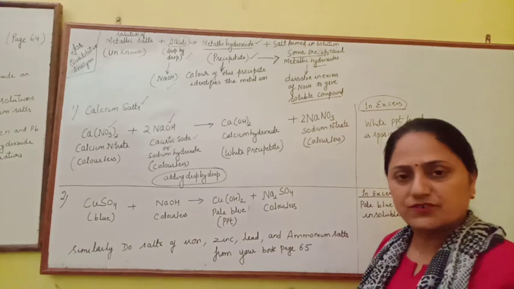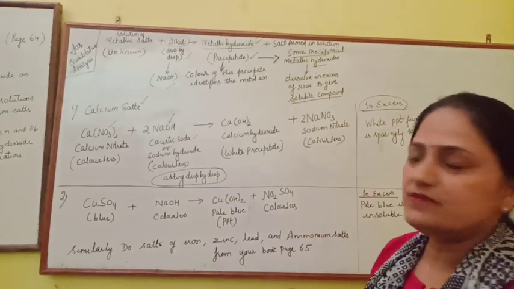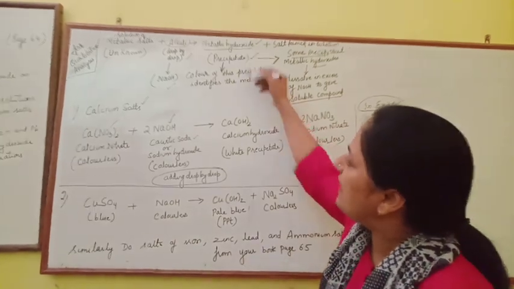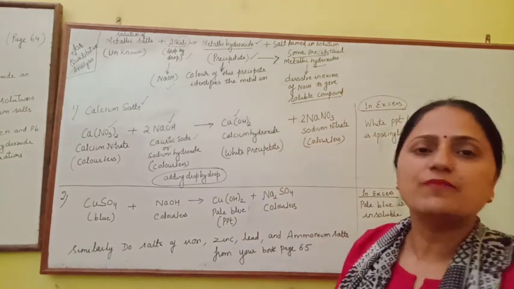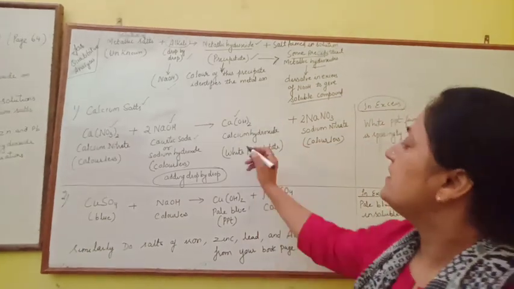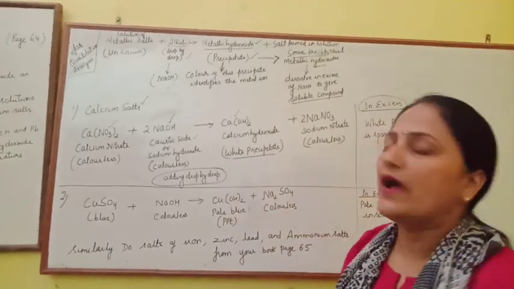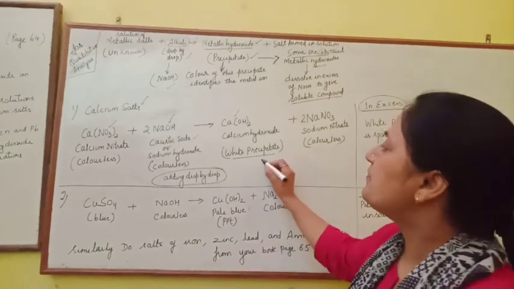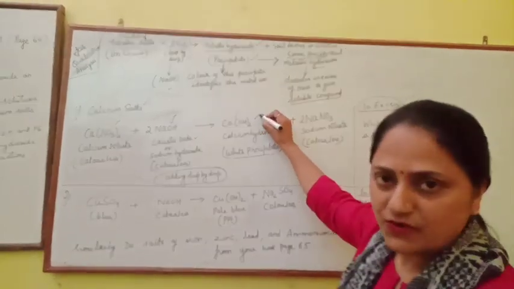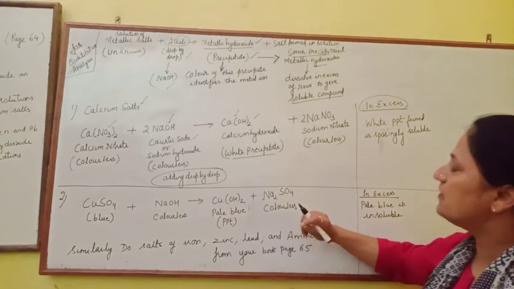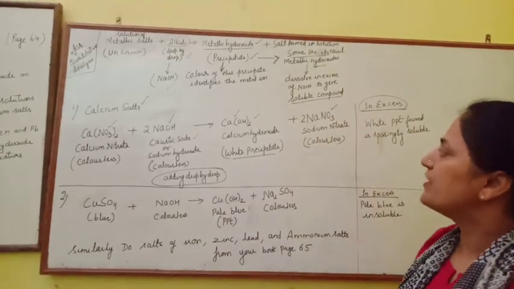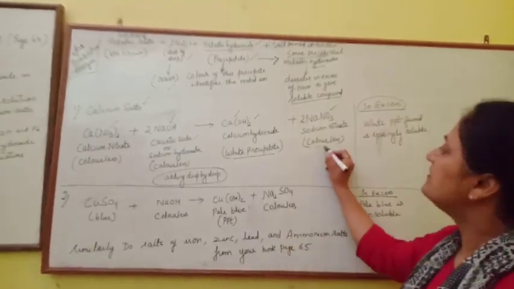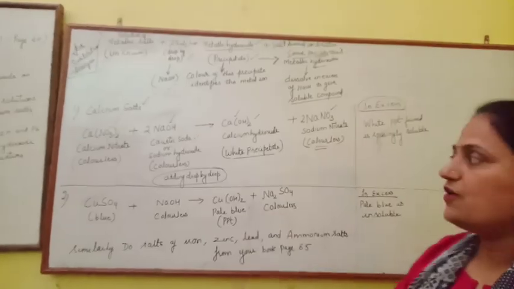So what is the product formed here? Pay attention. The product formed is a metallic hydroxide, that is calcium hydroxide, which is of white color, a white precipitate of calcium hydroxide. Also we will get sodium nitrate, which is a colorless salt solution.